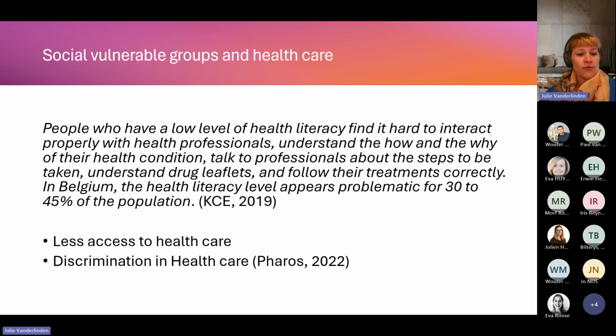There is a study from the government, from KCE, from 2019, a report on health literacy levels in Belgium. It's very interesting, and if you have enough time in your busy schedule, it's worthwhile to read at least a summary of it. Here they say the health literacy level in Belgium is problematic for 30 to 45% of the population, which is not half, but almost half, so one third to one half.